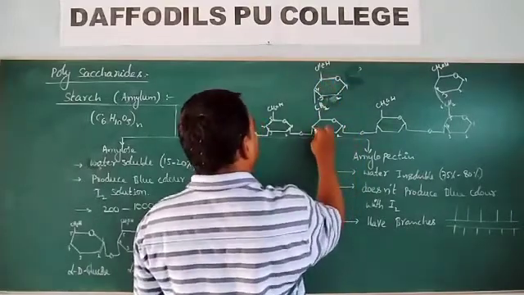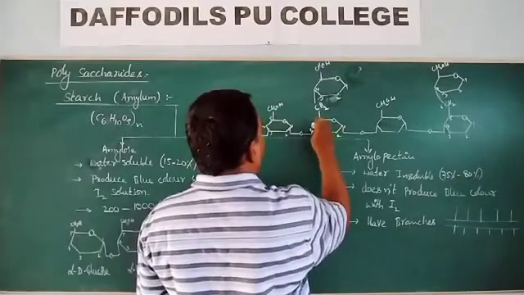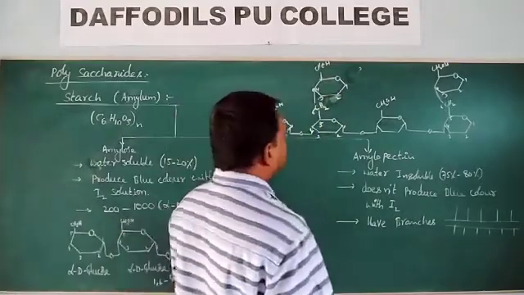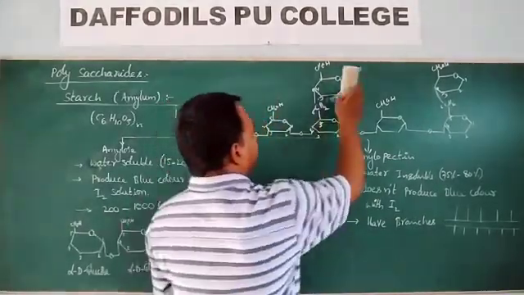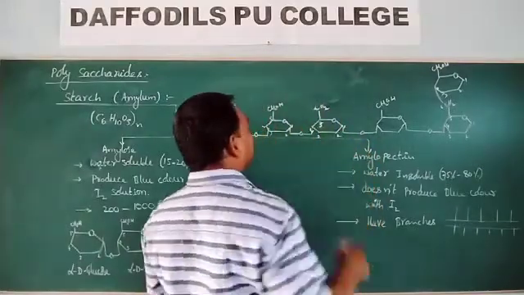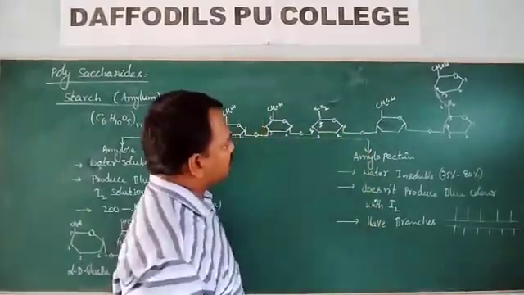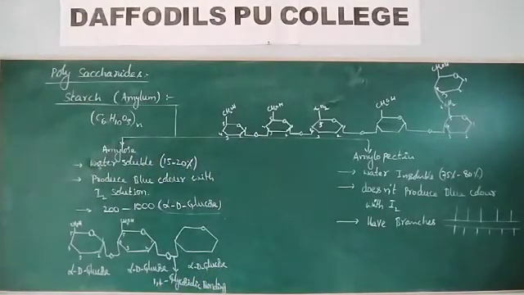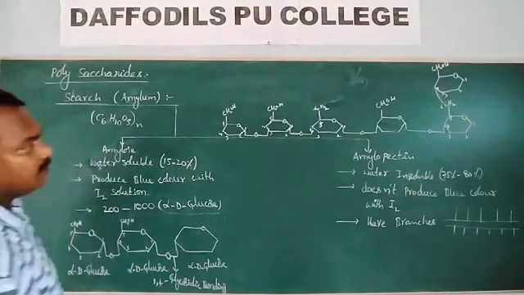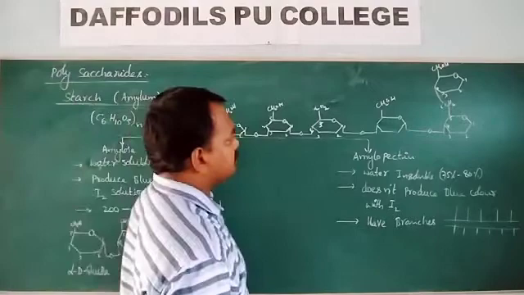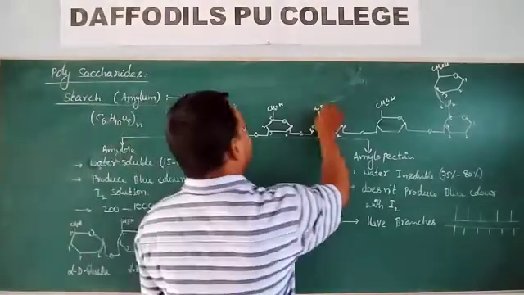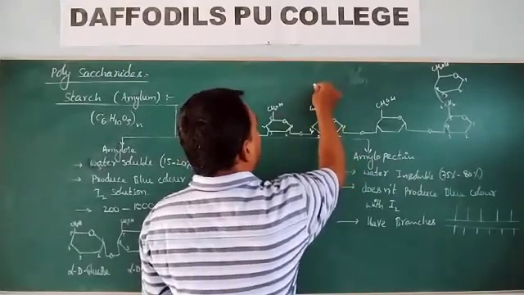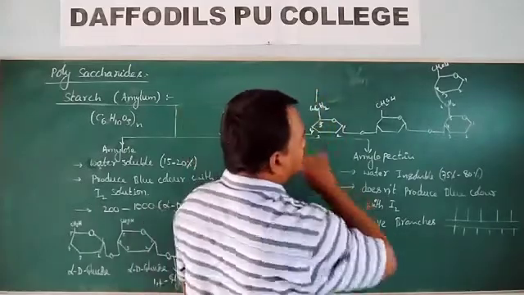This is 1, 2, 3, 4, 5, 6th carbon. The first carbon is bonded to the 4th carbon, the 1,4 linkage already shown. Yes, 1,6: this 6th carbon is bonded to the first carbon.